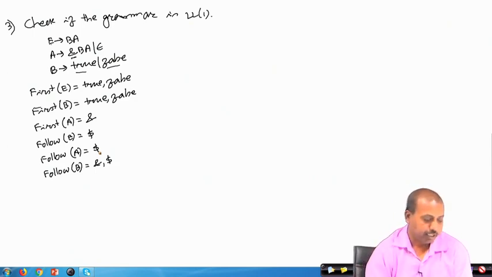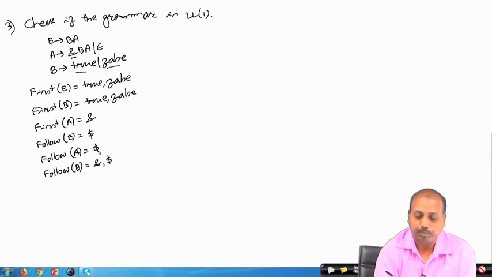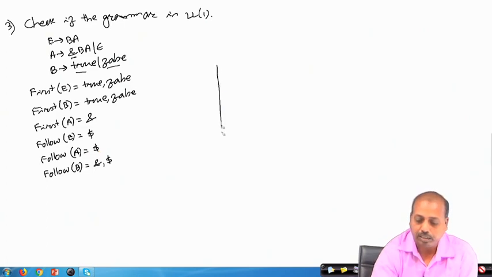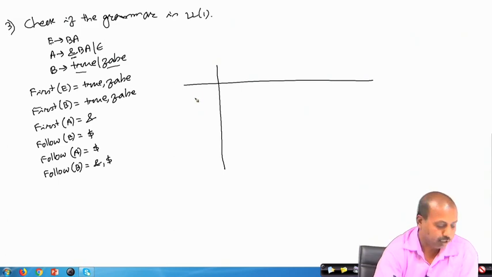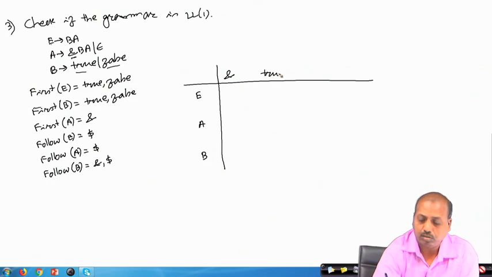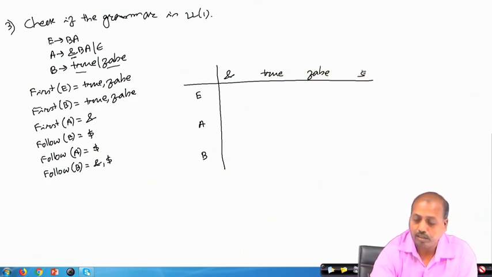So, next we try to construct the corresponding parsing table to see whether there are duplicate entries. Okay. So, it is like this. We have got the non-terminals E, A and B, and the terminal symbols ampersand, true, false and dollar.